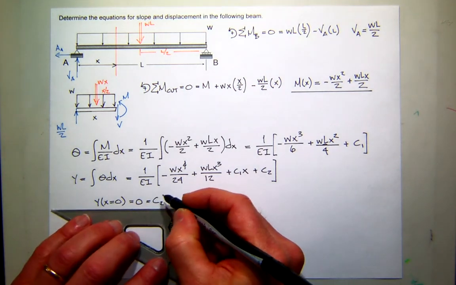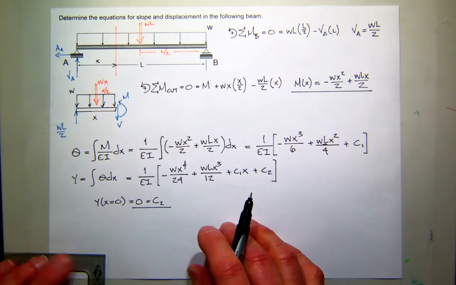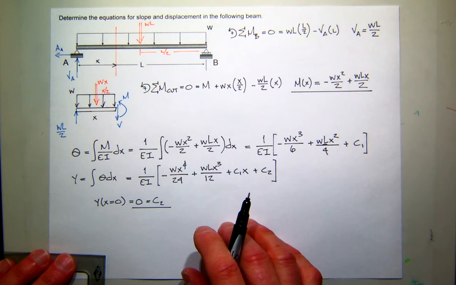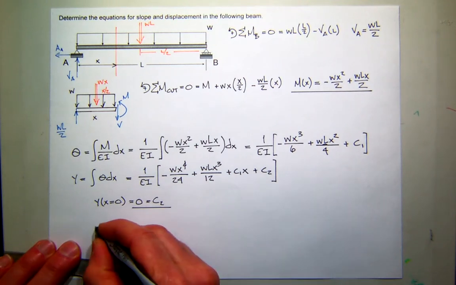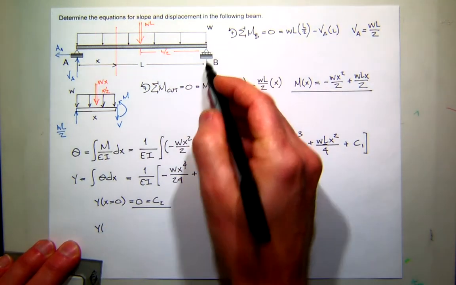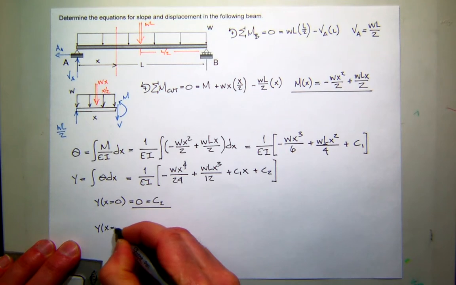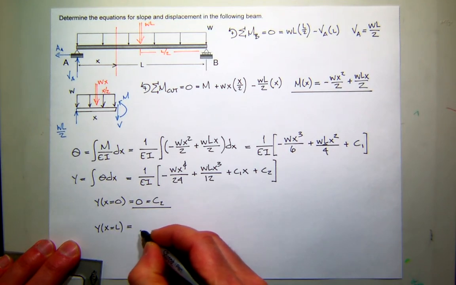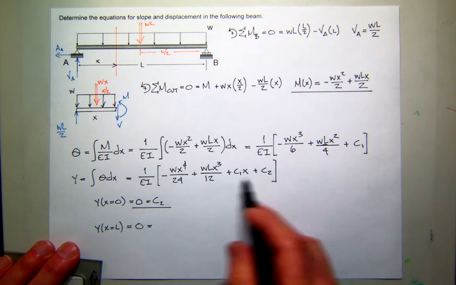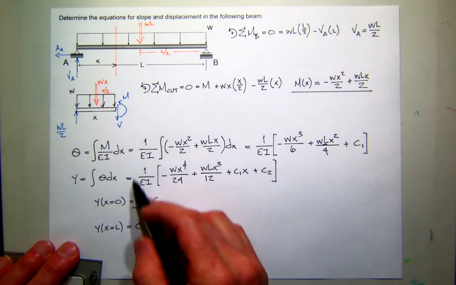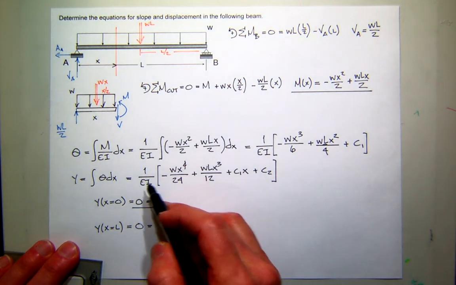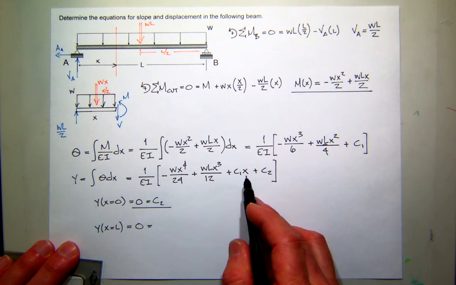So therefore C2 has to be 0. I know that the displacement at B, which is at x equal L, is 0. So now I got to plug x equal to L. First of all, since this is equal to 0, do I care what EI is? No. So I'm just going to plug in L, L, L and see what I get.